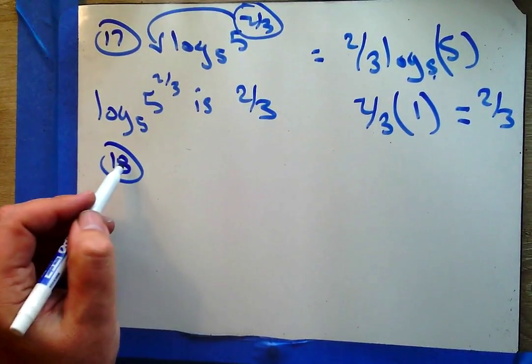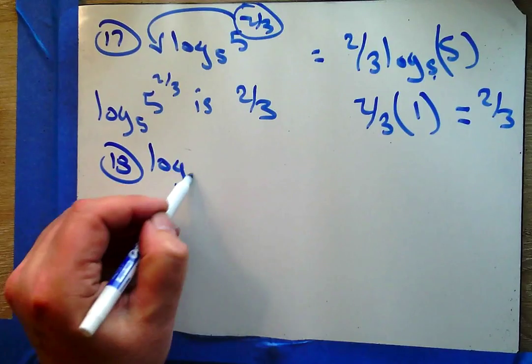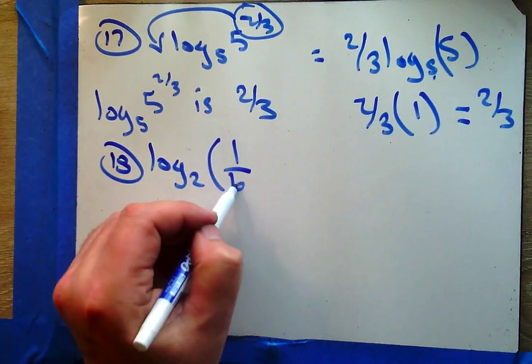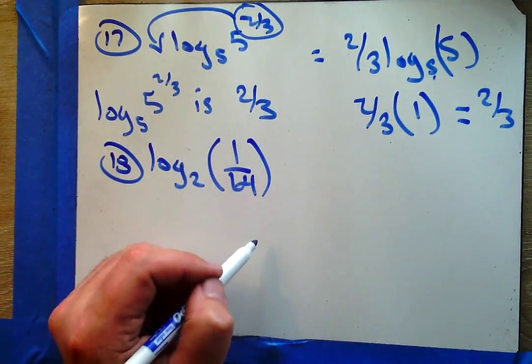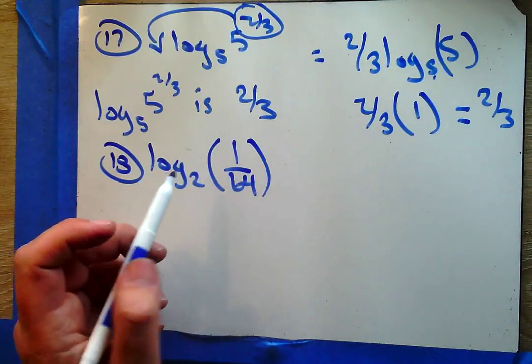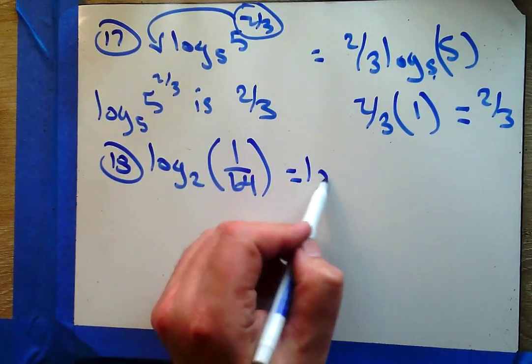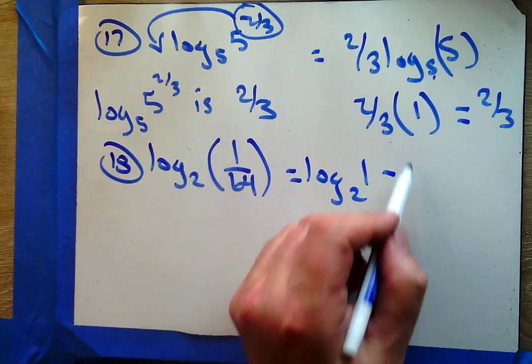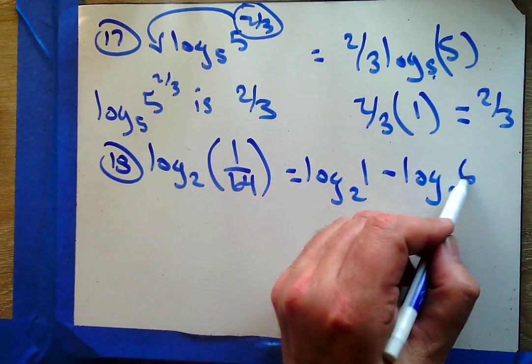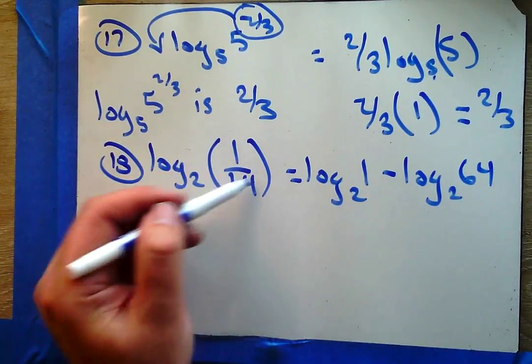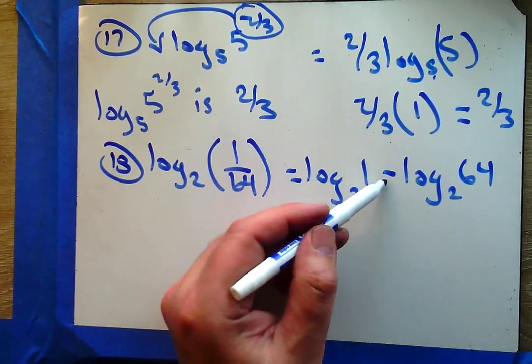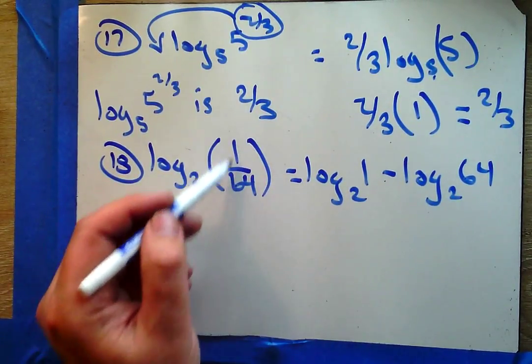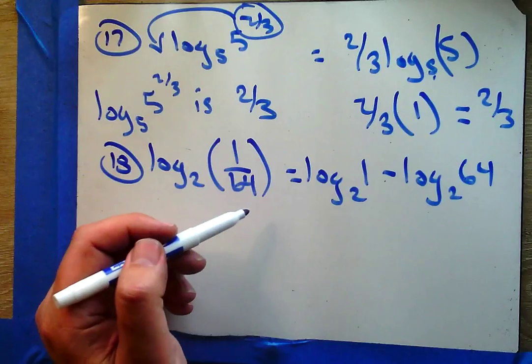18. 18 says log base 2 of 1 over 64. Okay, so, you know, I could do two things with this. I could split this up into log base 2 of 1 minus log base 2 of 64, because I could use my quotient rule. 2 logs joined with subtraction can turn into 1 log, where those things are joined with division.